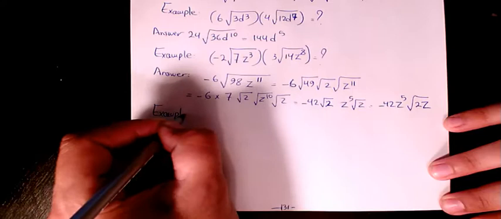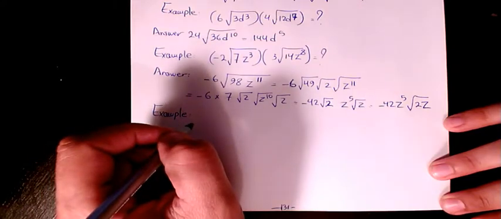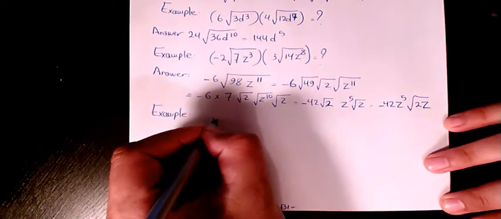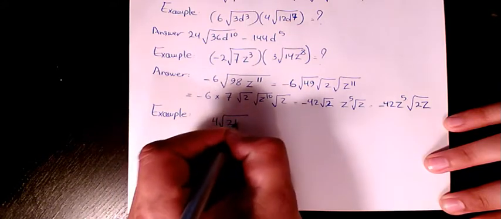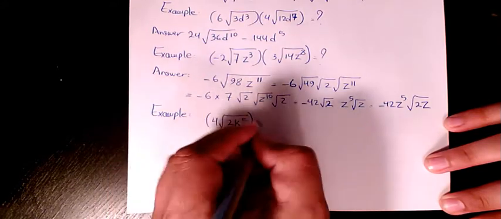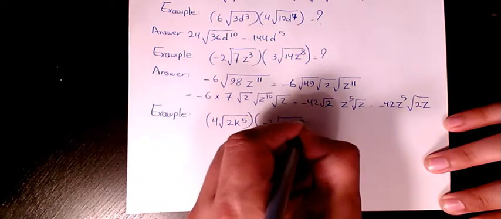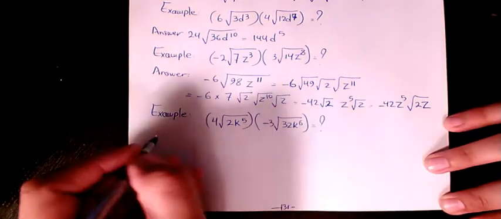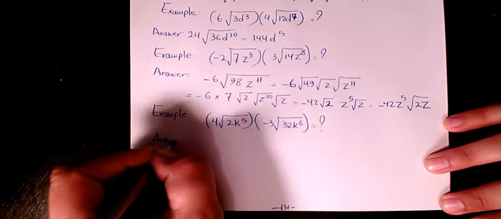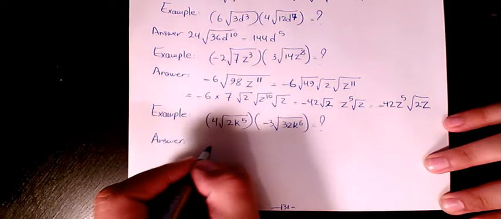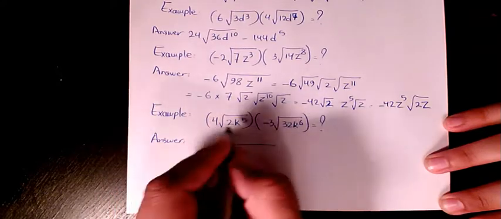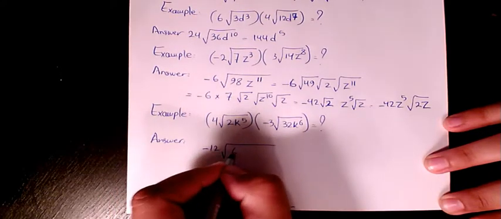Example. 4 root 2 k to the power of 5 times negative 3 root 32 k to the power of 6. The answer is 4 times negative 3, negative 12. 2 times 32 is 64.